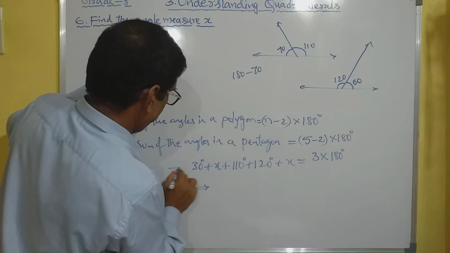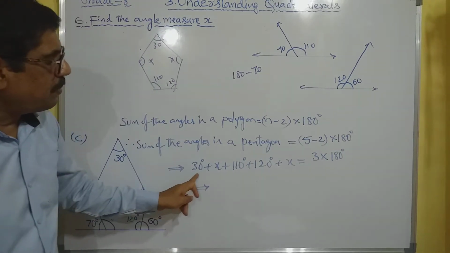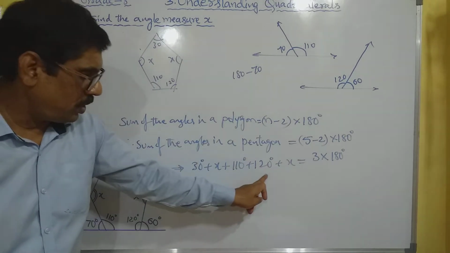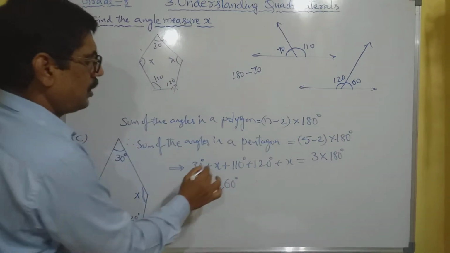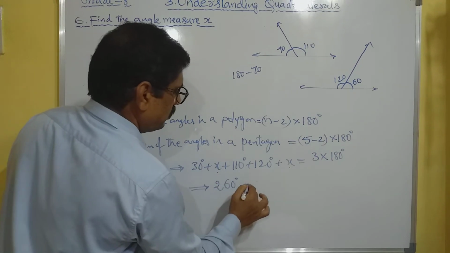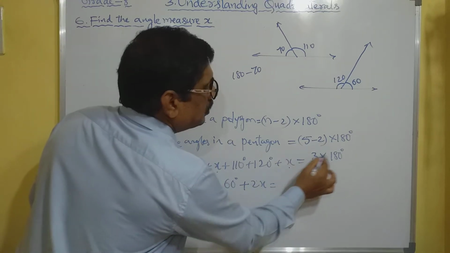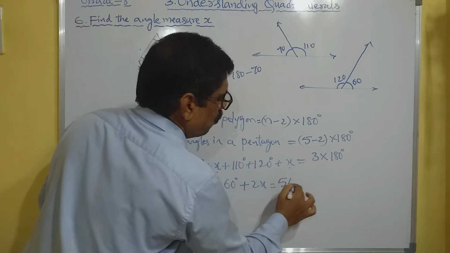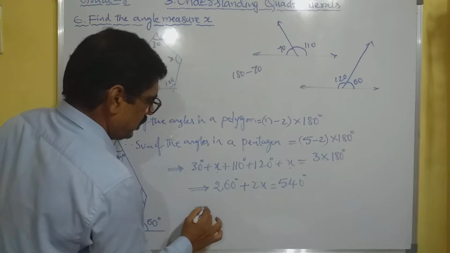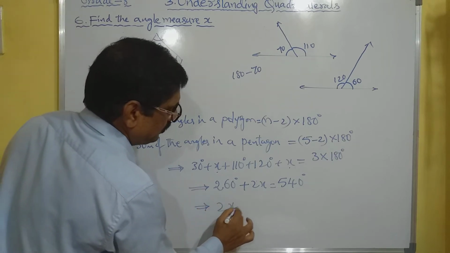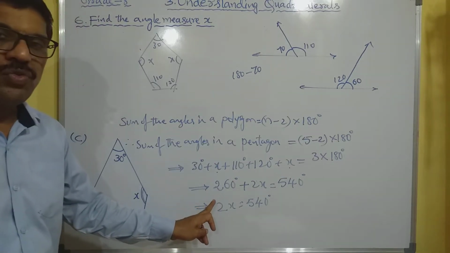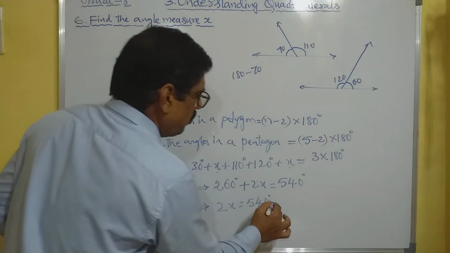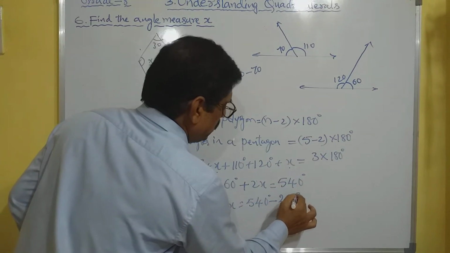Now look at this. 30 plus 110, 140. 140 plus 120, 260, plus 2x is equal to 3 into 180, 540 degrees. You can transpose 260 to the RHS, then it will become minus 260 degrees.